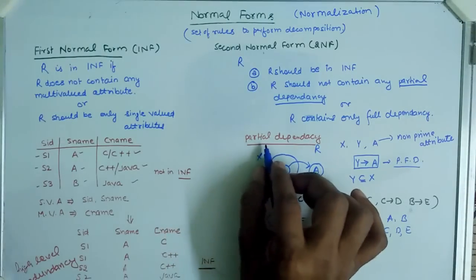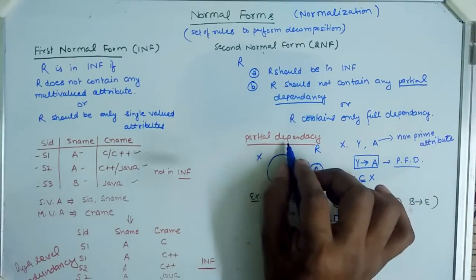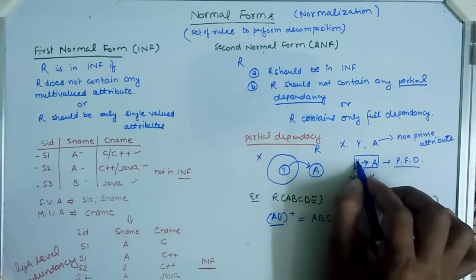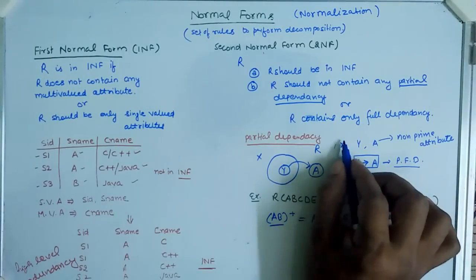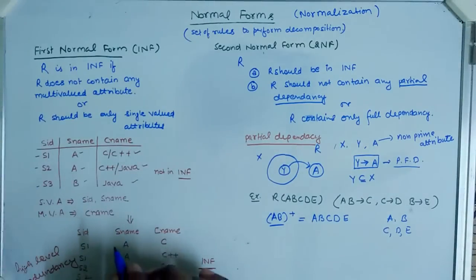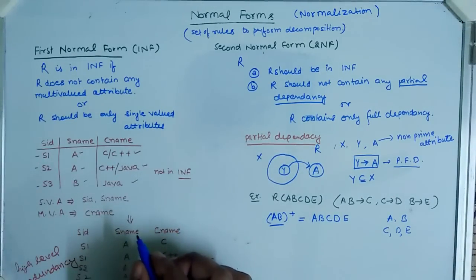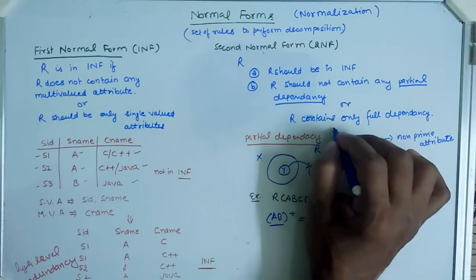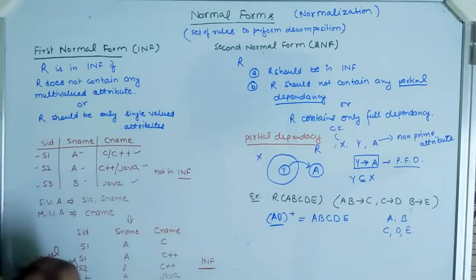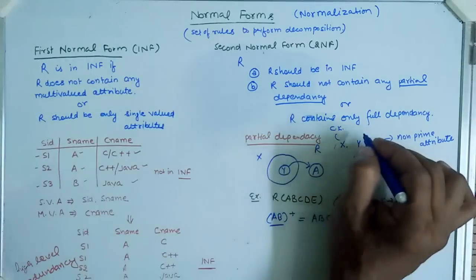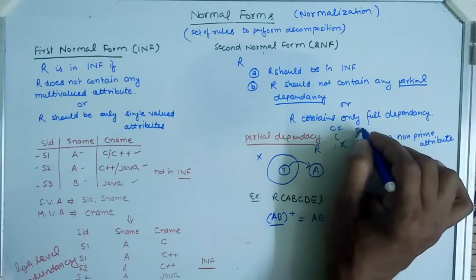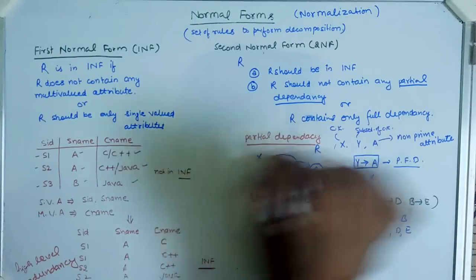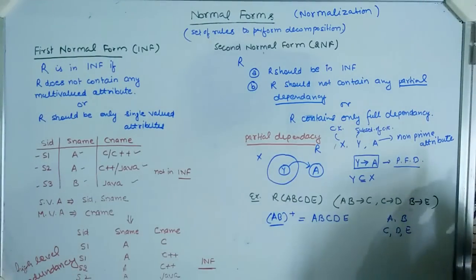So partial dependency denotes a relationship between a non-prime attribute and a subset of any candidate key. So here X is any candidate key, Y is a subset of the candidate key, and A is a non-prime attribute.